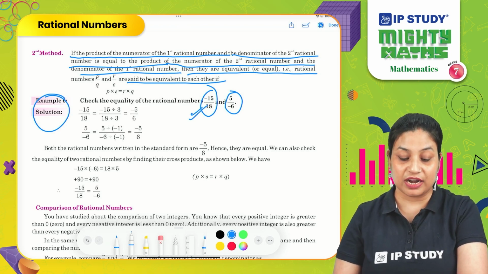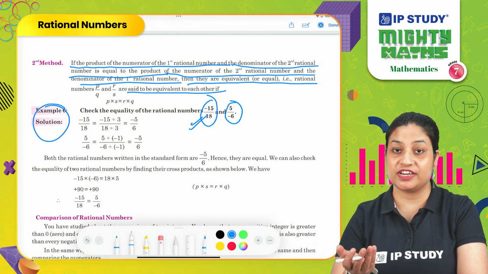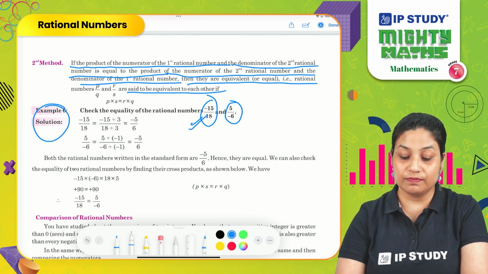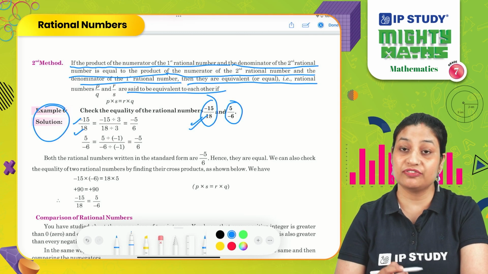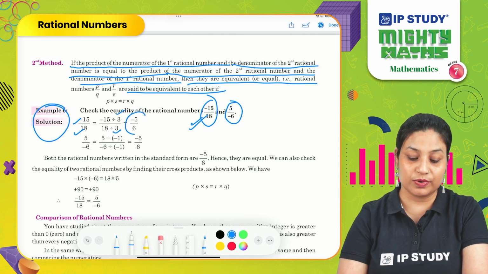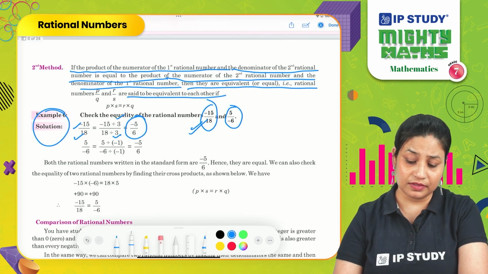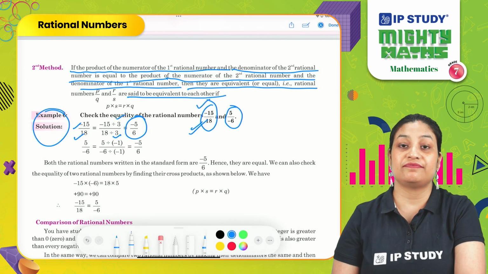In order to do that, we first find the HCF of 15 and 18, and that is 3. So you will divide minus 15 and 18 by 3. When you do so, you will get minus 5 by 6 as the reduced form, right? So minus 5 by 6 is the reduced form of minus 15 by 18.